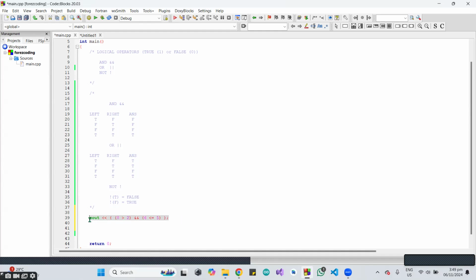Let's try a logical operation using this logical operator for this condition. For the left operand, we have 8 is greater than 2. That is true. And for the right operand, we have 6 is less than or equal to 5, which is false, since they are not equal either. So meaning this is false. So you have here false.